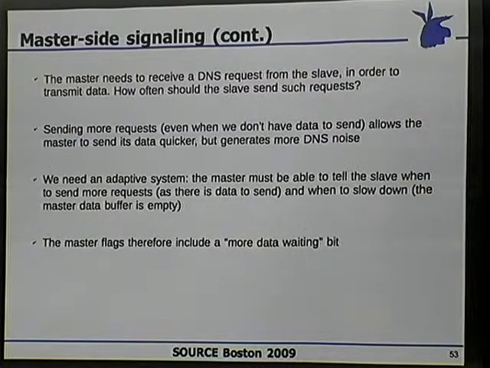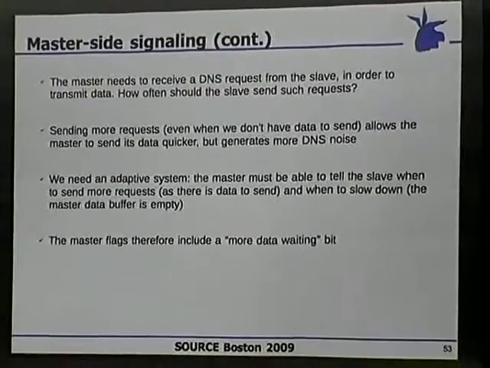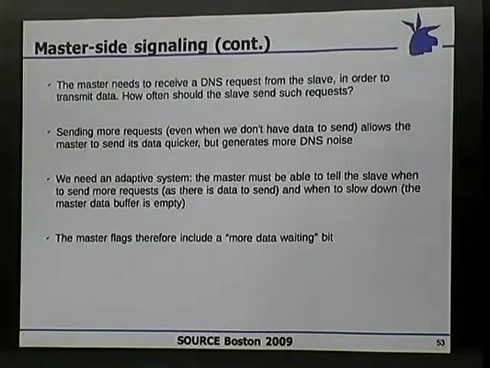The problem now is if we have a lot of data on the master side, we would like to have a lot more requests coming from the slave because we want to get rid of our data from the master. If we don't have that much data on the master side, we just want occasionally a request when we get more data. So what we do is from master to slave a more data flag.